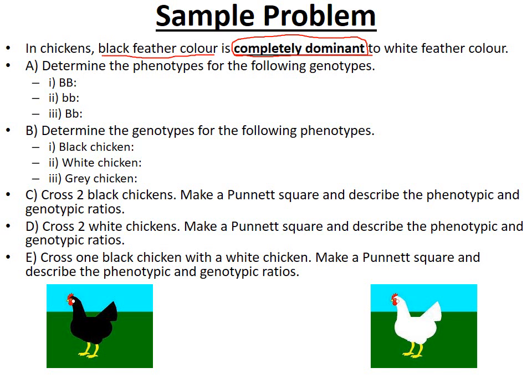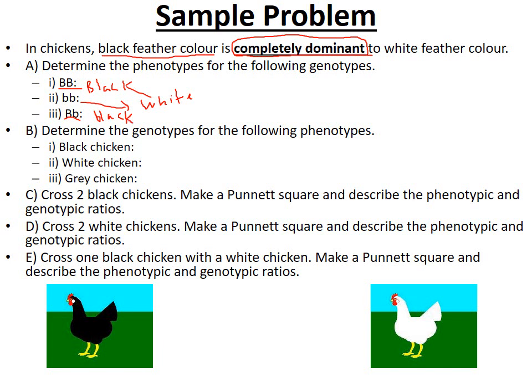So if it's completely dominant and you have big B, then that means you know that the individual's phenotype is black. And if you have little b, then you know the individual's phenotype is white. And since it's completely dominant, you know the heterozygous individual is going to be the same phenotype as the homozygous dominant individuals. So this is just like the regular questions that you've seen before.